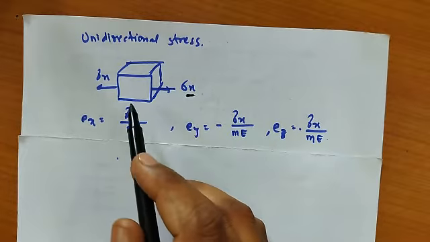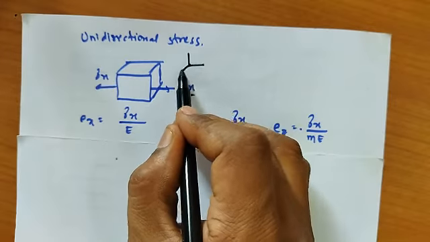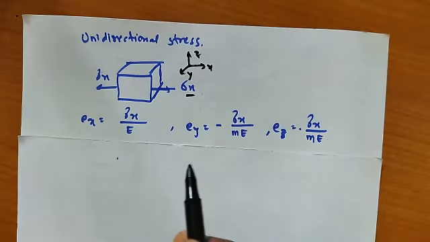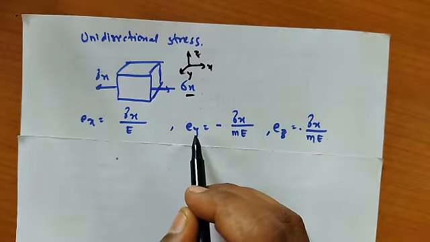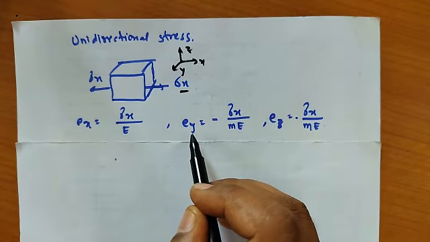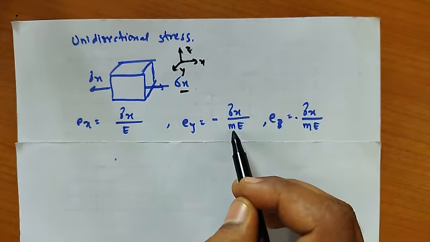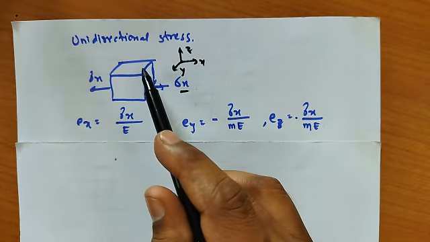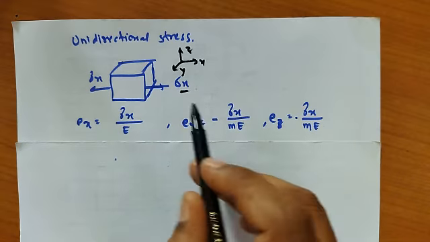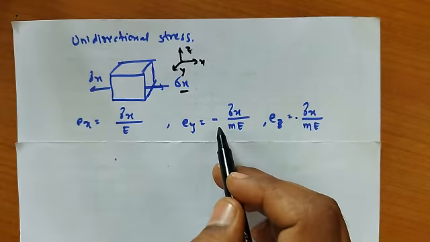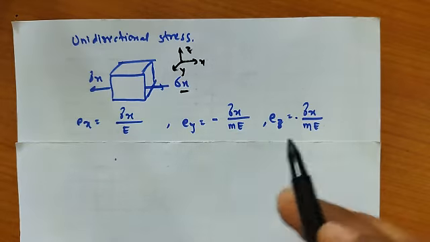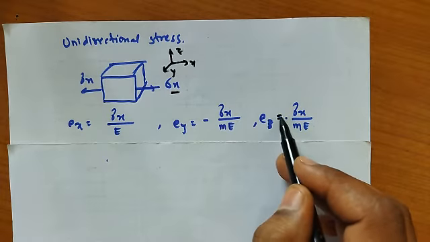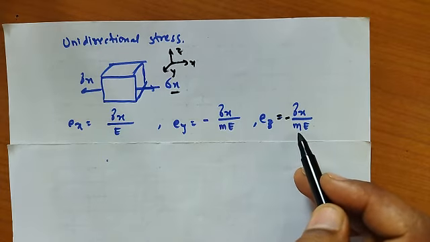Suppose this is the X, Y and Z direction. In Y direction, E of y is equal to minus sigma X by mE, because the dimension in Y direction is reduced due to the stress sigma X. So this is compressive, that is why it is minus. Similarly in the Z direction, E of z is equal to minus sigma X by mE.